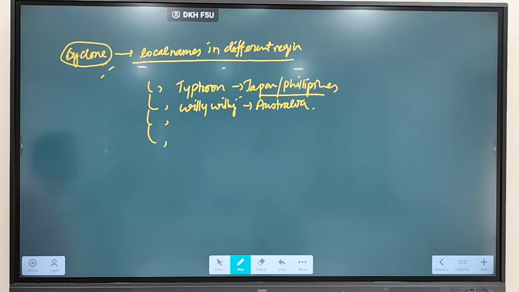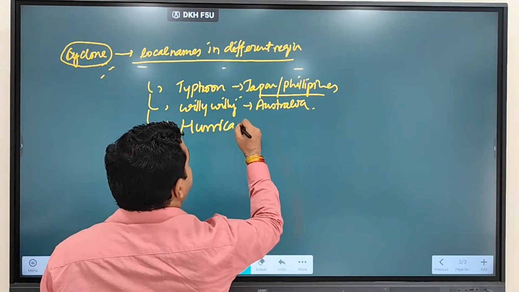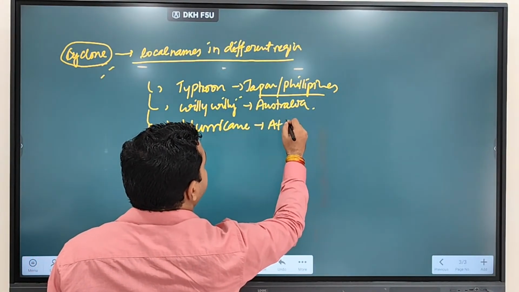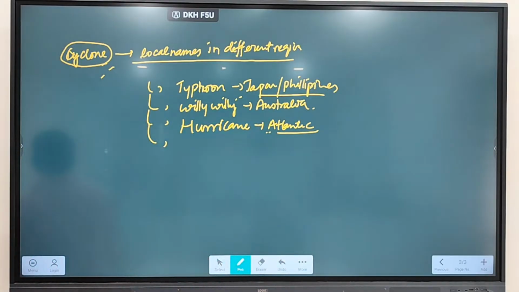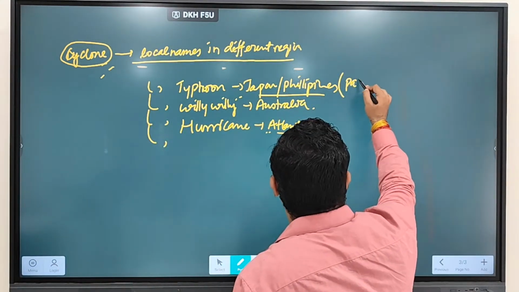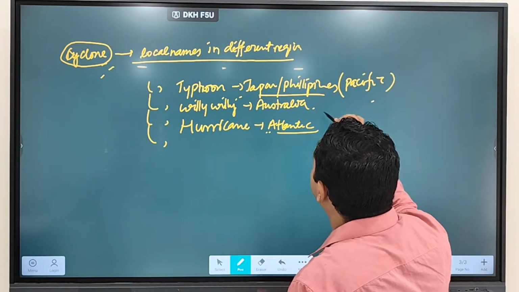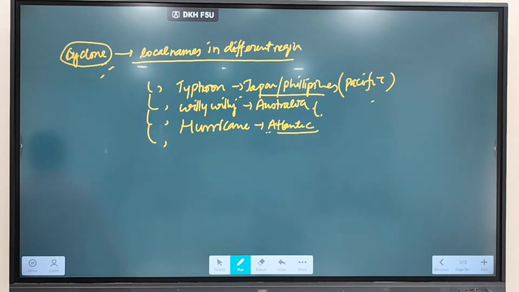Clear? They are also known as hurricane, generally in the Atlantic Ocean. When a tropical cyclone originates in the Atlantic Ocean, they are referred to as a hurricane. So when they are originating in the Pacific Ocean near Japan and Philippines, they are called a typhoon. When they are originating near the coast of Australia, they are called willy willies.